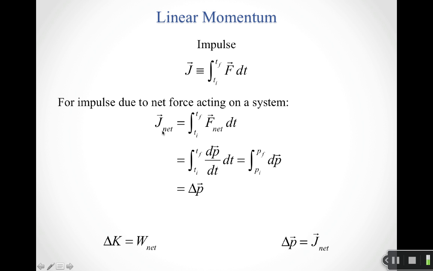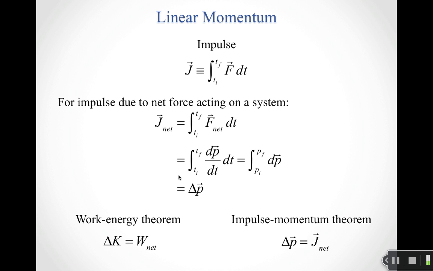The net force will have some magnitude and some direction, it will act on your system for some amount of time, and that net impulse will then change the momentum of your object. This relationship between the net impulse and the change in momentum is known as the impulse momentum theorem.